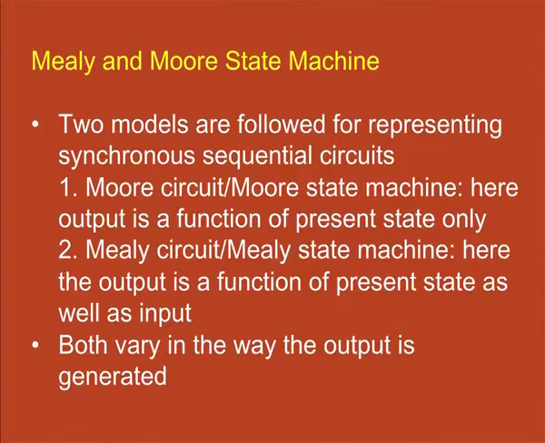In a Moore circuit, the output is a function of the present state only, but in a Mealy circuit, the output is a function of the present state as well as the input condition. Both vary in the way the output is generated.